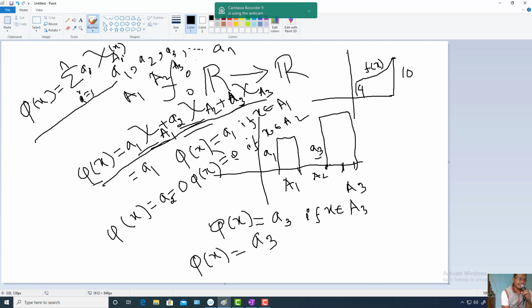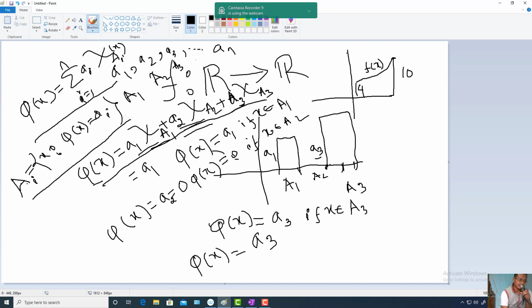The simple function can be written in terms of characteristic functions. In fact, this is a linear combination of characteristic functions. So what are these Ai's? Ai is the set of those points x such that phi of x is equal to small ai. So you can define Ai like this.